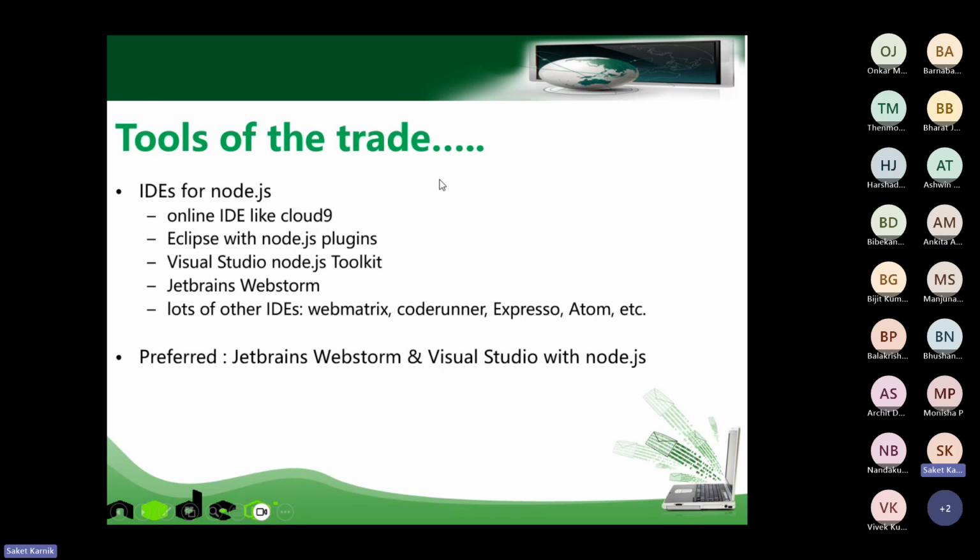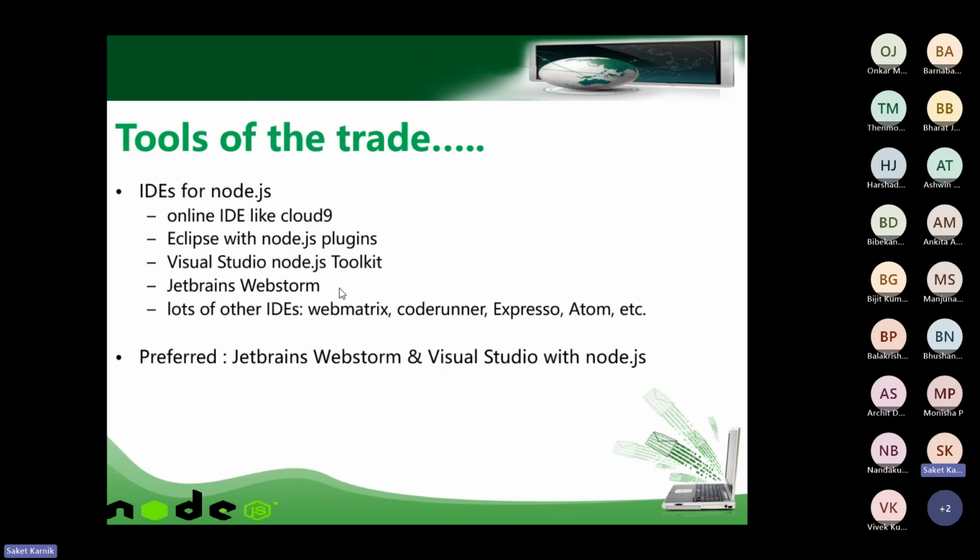So to work with Node.js, what all IDEs are there? You have some online IDEs like Cloud9. You don't need any installation in that case. Directly on the web portal itself, you can create your Node.js applications. Eclipse can be used with Node.js plugins installed. Regular Visual Studio can be used as well with Node.js toolkit or plugin extensions installed. Visual Studio Code can directly be used without any extensions needed.